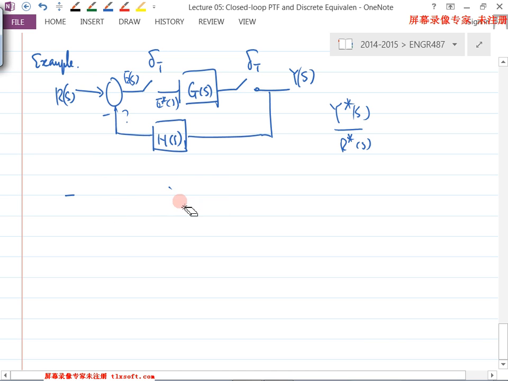No, this is not the first step. So the steps here: first derive the continuous system transfer function.